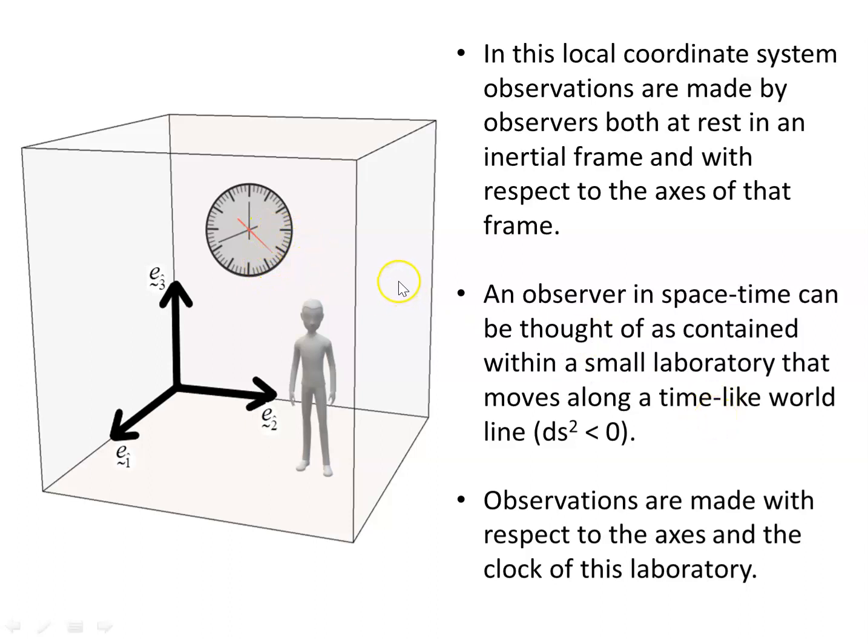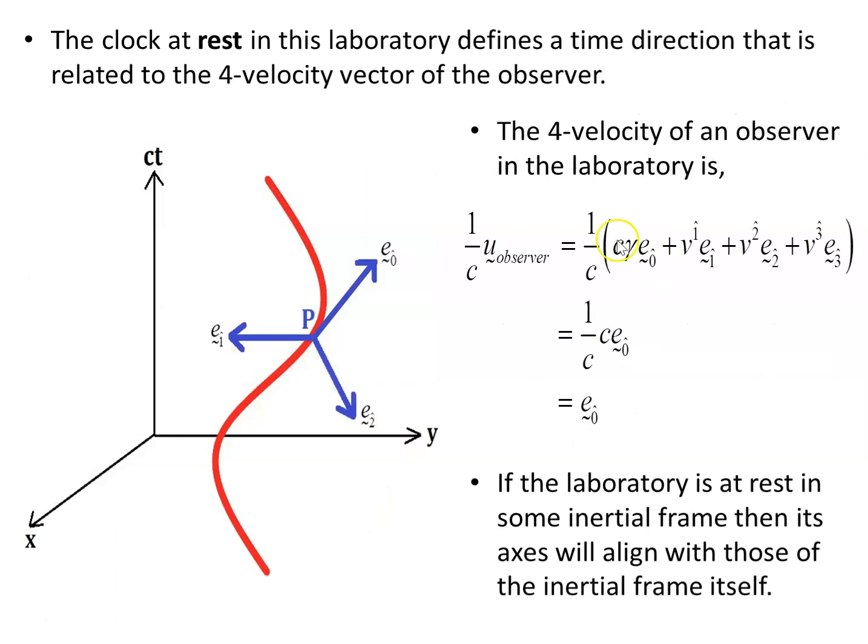So a freely falling particle, a test particle, 1 kilogram mass, or some other particle of any other mass, or a laboratory and observer in it, all of these can be freely falling in space-time, meaning that there's no forces acting on them and they are free to follow the curvature of space-time. All right. Now, the clock at rest in this laboratory defines a time direction that is related to the forward velocity vector of the observer. So the forward velocity of an observer in the laboratory is, if I just normalize it here, 1 on c, U observer.